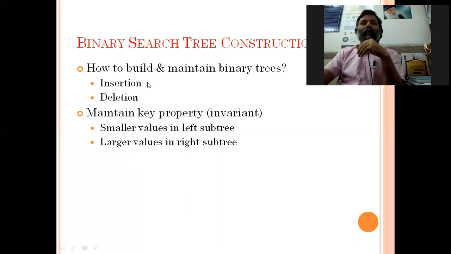We will use insertion and deletion, and to maintain the key property, that is, a smaller value in the left subtree and the larger value in the right subtree. So at the time of insertion and deletion, we have to ensure that the smaller value is in the left subtree and the larger value is in the right subtree at each and every node.